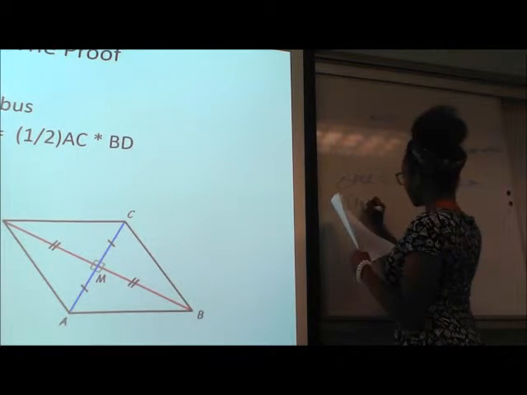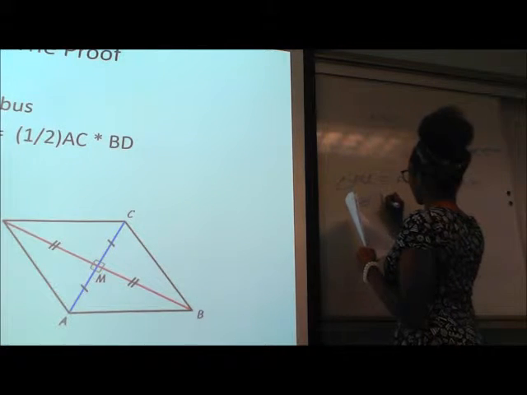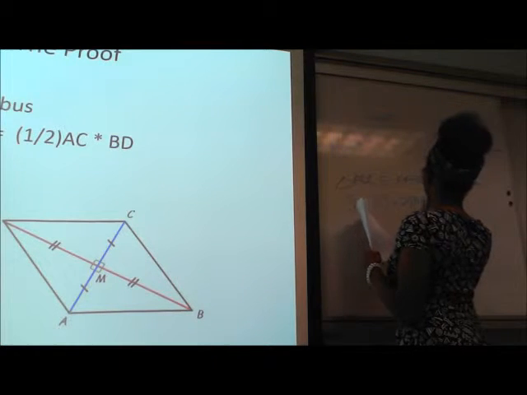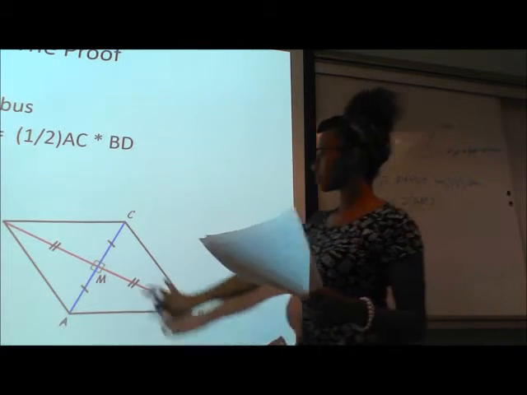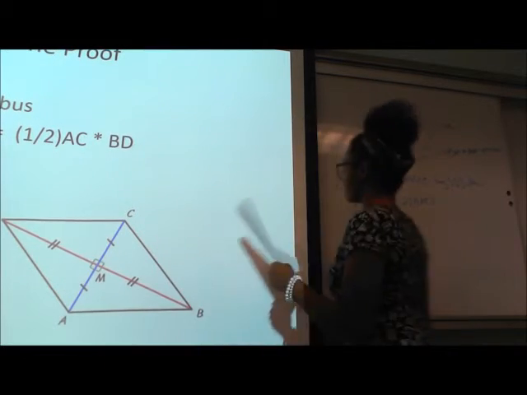So your rhombus ABCD, which is the whole rhombus as a whole, is equal to 2 times triangle ABC, because 2 of these makes a whole rhombus.